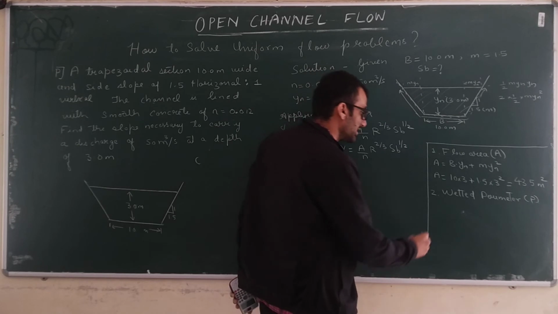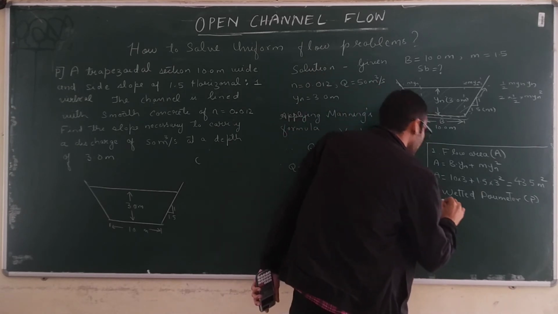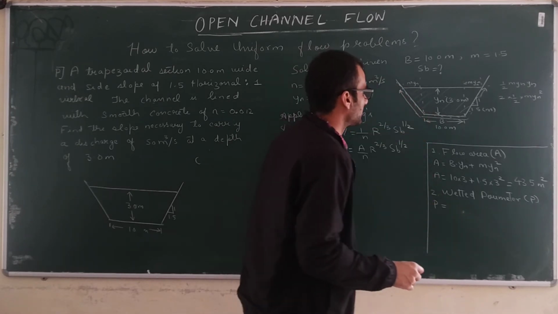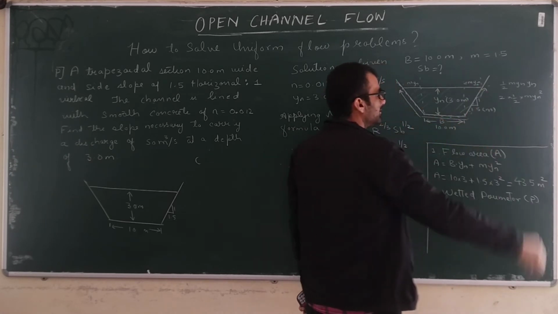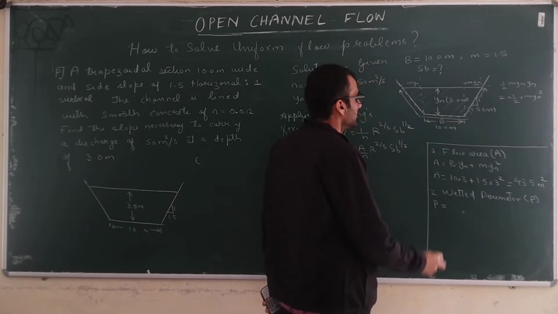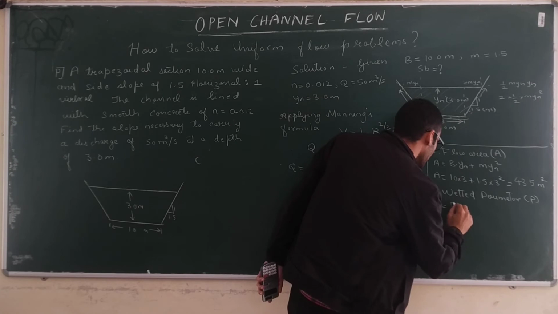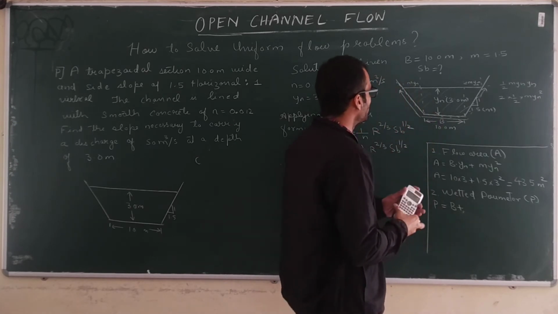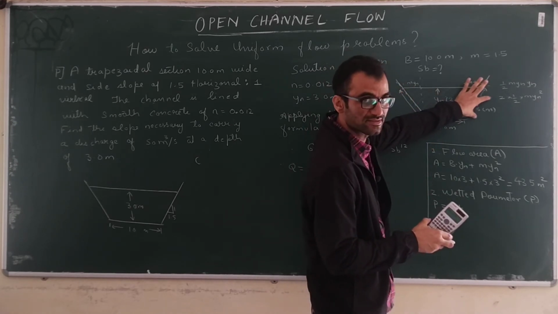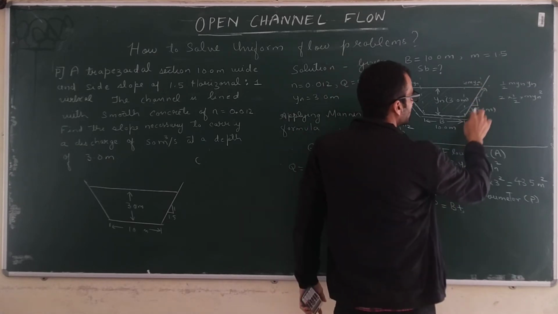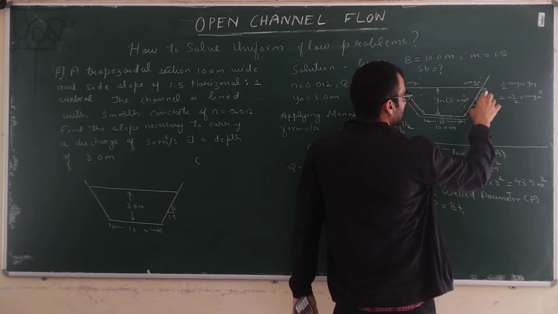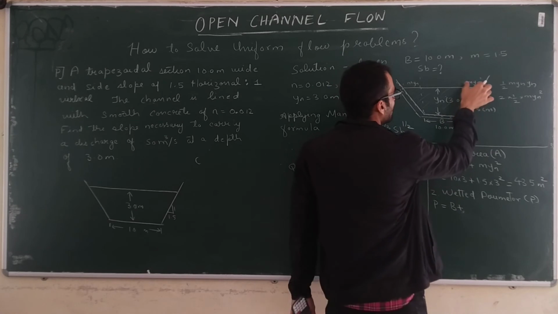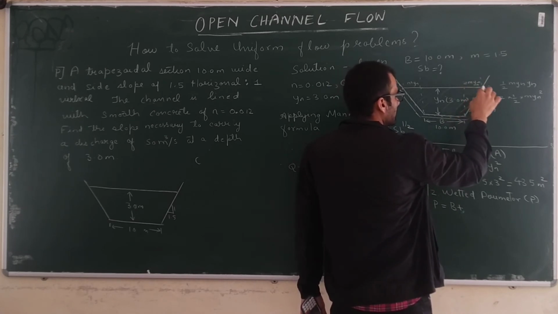So let's calculate that wetted perimeter. We have derived the formula already, but I will do it again for those who have not gone through it. So this is B, plus we have 2 sloping lengths. What is the length of this sloping length? According to Pythagoras theorem, the square of this plus the square of this will be equal to the square of this.